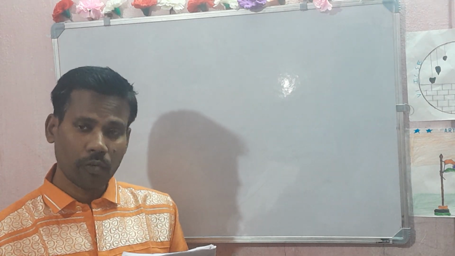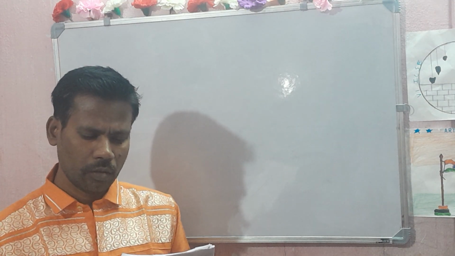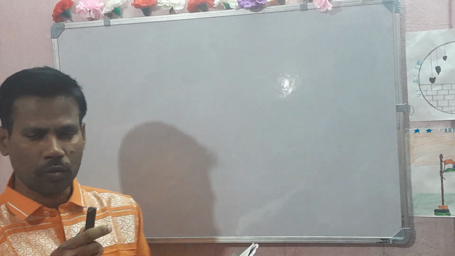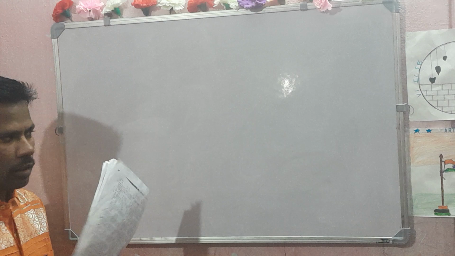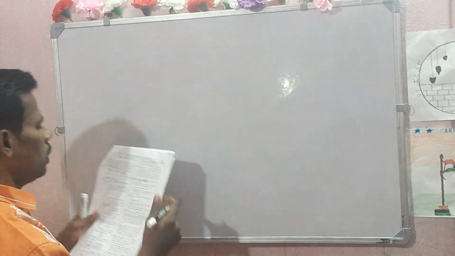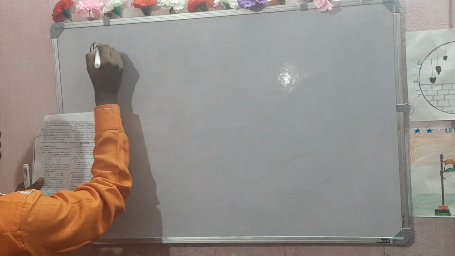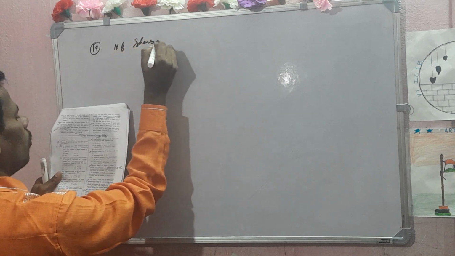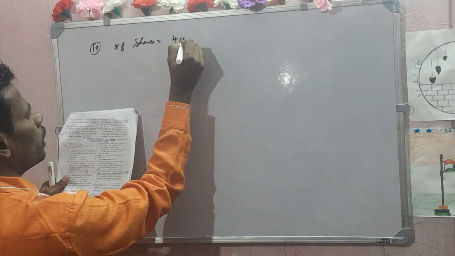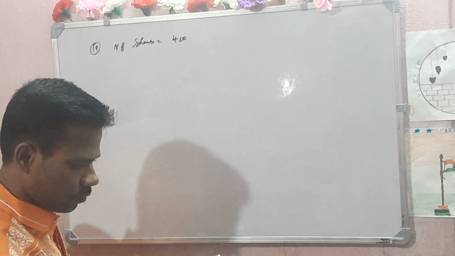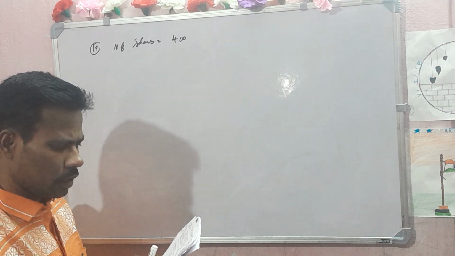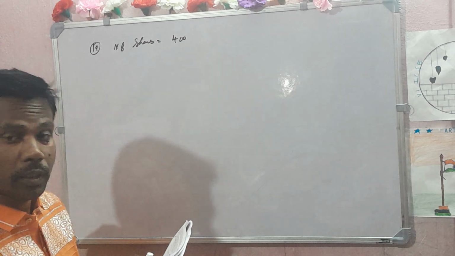A man sold 400 rupees 20 shares of a company paying 5% at rupees 18. So first let us finish off until here, what is given. Number of shares, question number 19: 400, right? Paying 5% at rupees 18.